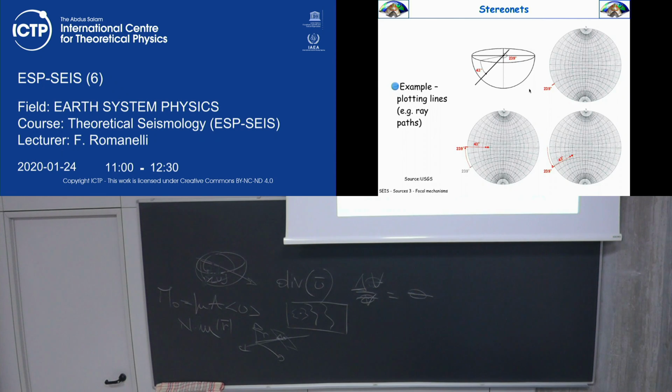For example, this ray here is leaving the source with a given azimuth, okay, and a given takeoff angle. Now, this ray here that is touching the sphere here will become a point, exactly this one. So rays will become points. Question, how many points should we plot in principle?